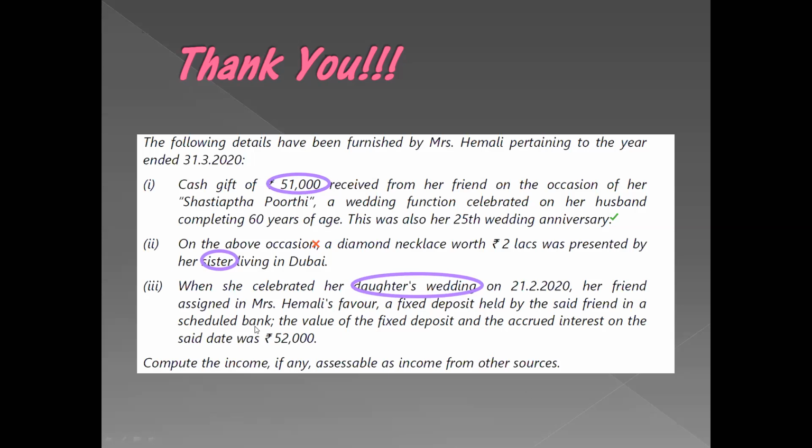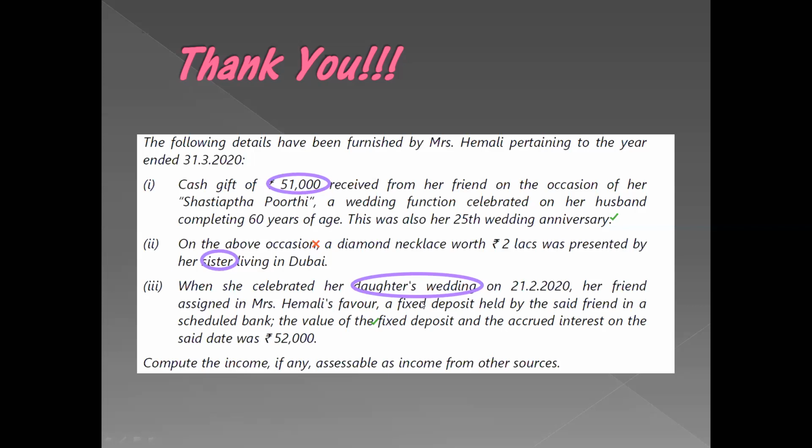The next viewpoint is the value of a fixed deposit made by the daughter's friend. Now we'll have to check whether a fixed deposit falls under the category of sum of money above 50,000 or not. So whenever you write an answer like this, write both points of view.